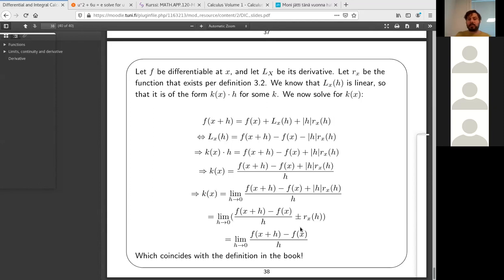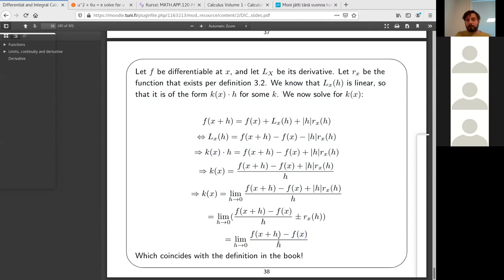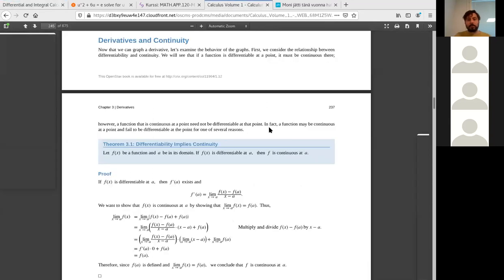Otherwise, it makes no sense, right? It doesn't make any sense if f at x plus h has a different limit than f at x, because we're dividing it by h. If this doesn't go to 0 when h goes to 0, then this will go to infinity, and it doesn't have a derivative. So it cannot have one unless f is continuous. So that's why we require it to be continuous.